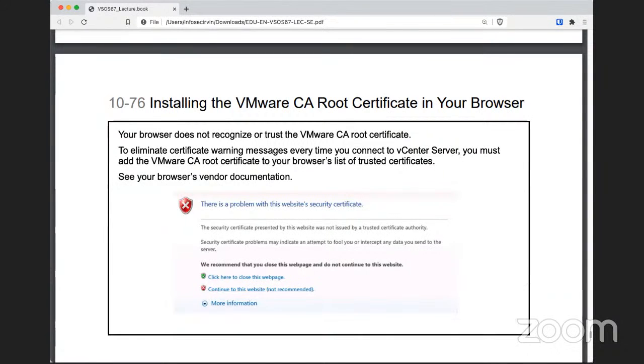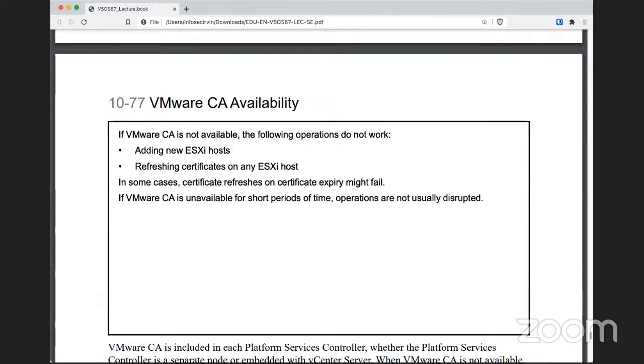So if you're dealing with sensitive information on a critical infrastructure, you're going to want to switch from that default to something else that's more appropriate. If the CA is not available, you will not be able to add new hosts or refresh certificates in any host. So it is important to keep up your certs.